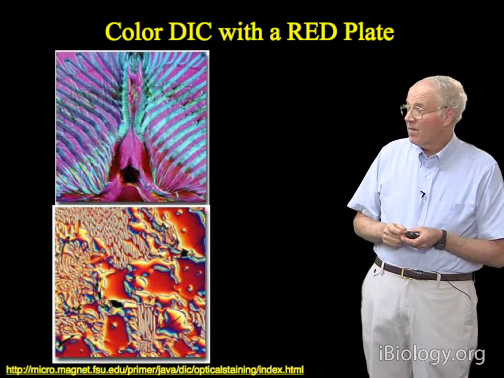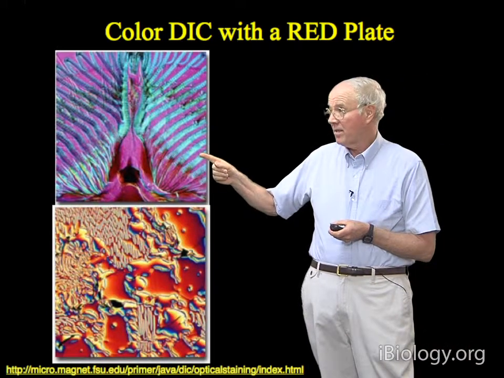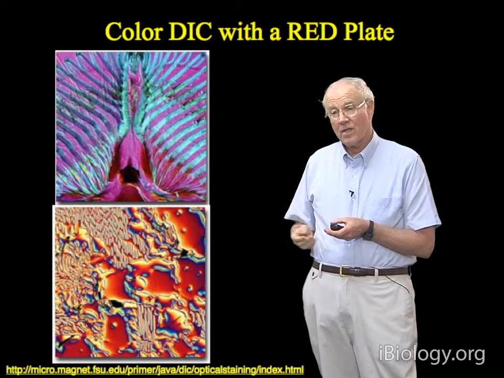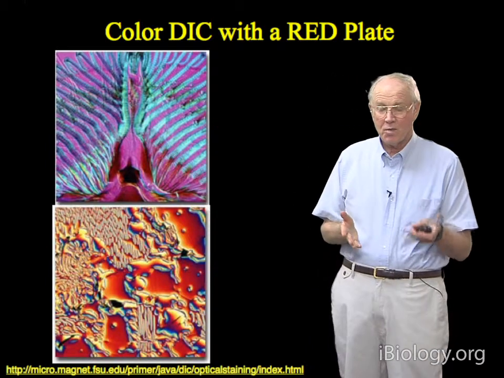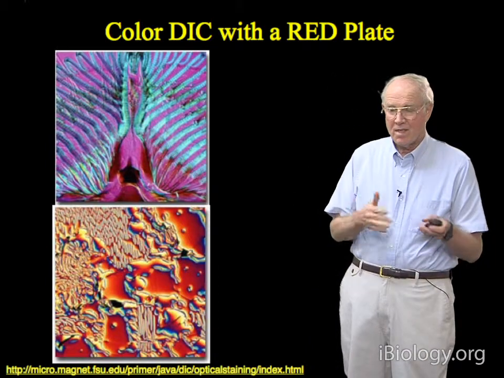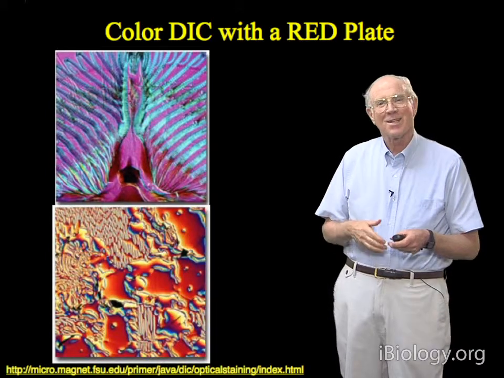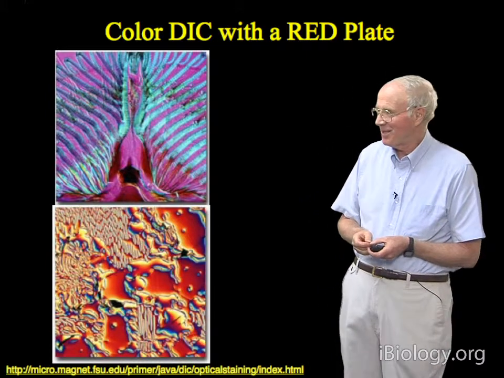And if you have retardations in the specimen that add to the retardation of the red plate, then that will in turn cancel the red light and leave you with green and blue coming through, which is sort of the color of the water in the Caribbean, right? Very light bluish color, right?